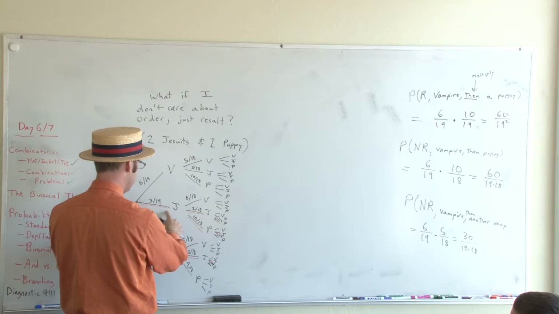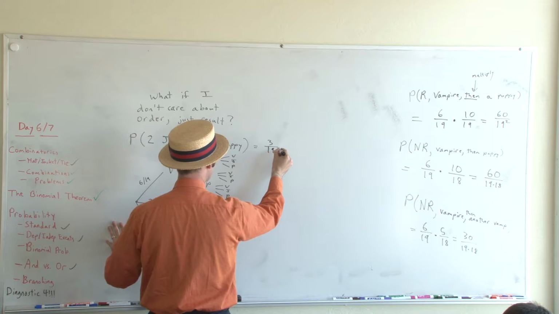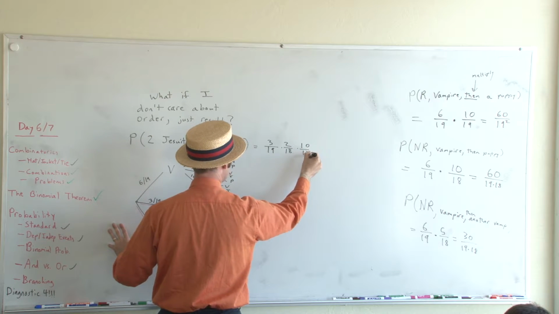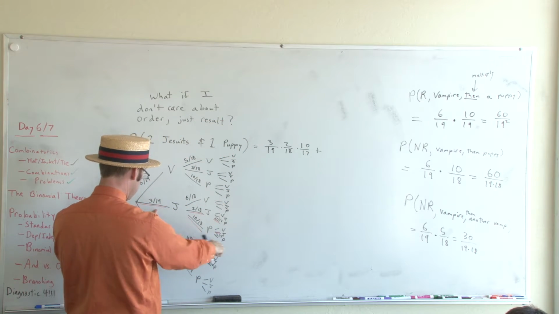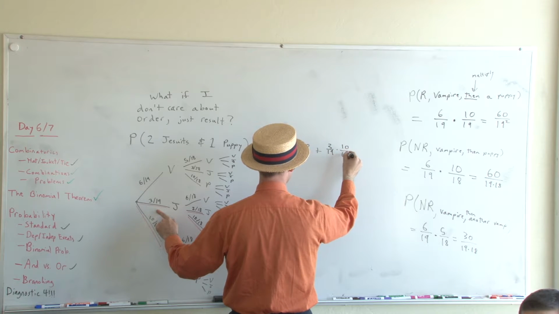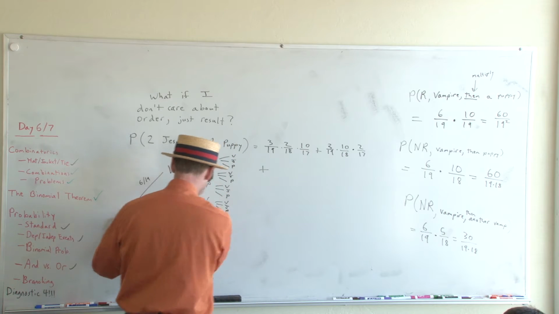So at the very end of the day, it's the probability of this outcome plus the probability of this outcome plus the probability of this outcome.